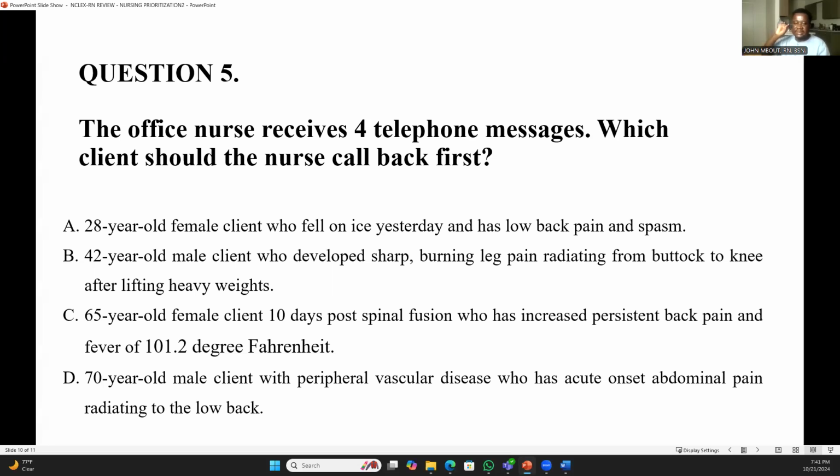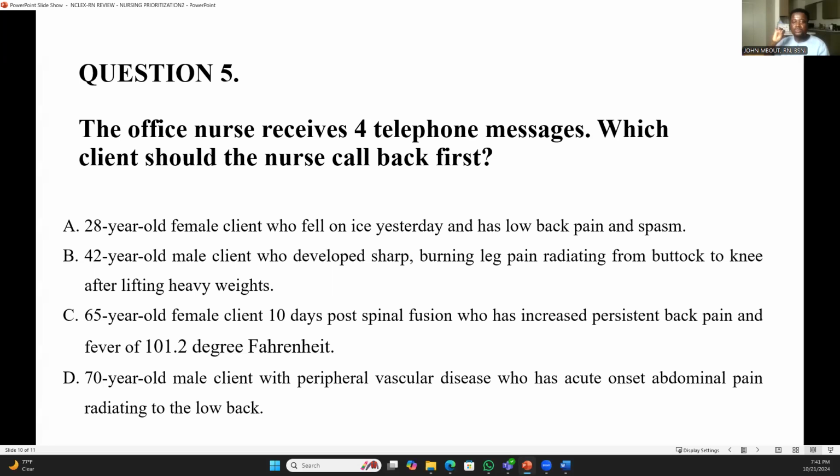This client is indicating abdominal aortic aneurysm. This client has peripheral vascular disease. It's a sign of abdominal aortic aneurysm, which is very, very devastating. And this could be a rupture.